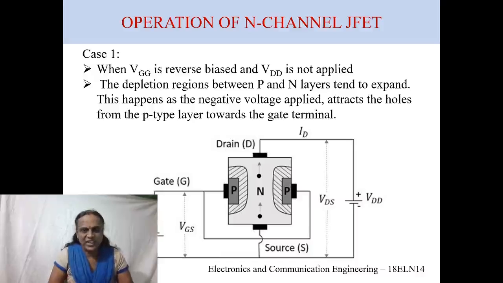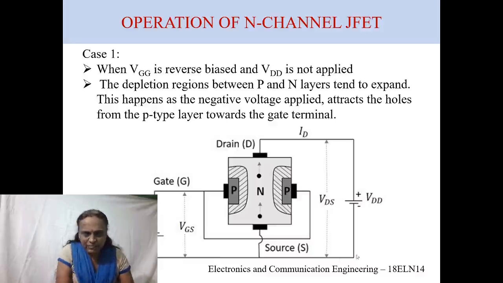This happens as a negative voltage is applied. In an N channel, the electrons are majority carriers, but when this negative voltage is applied, it attracts holes from the P layer towards the gate terminal.